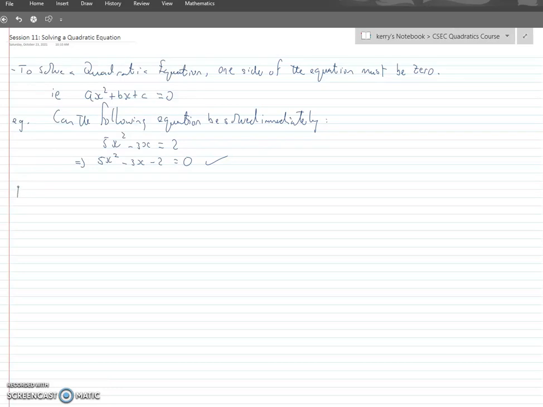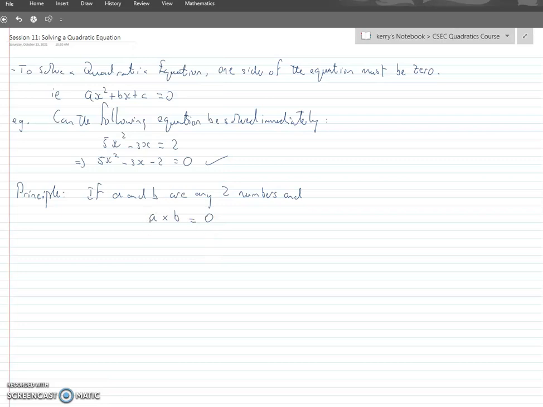Now, what is the principle that we use? The principle that we use is this. If A and B are any two numbers, and A multiplied by B is equal to 0, let me think about this properly.